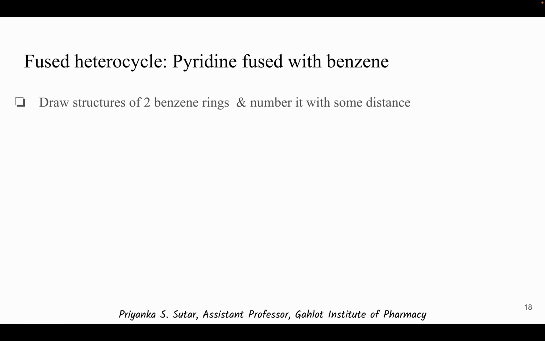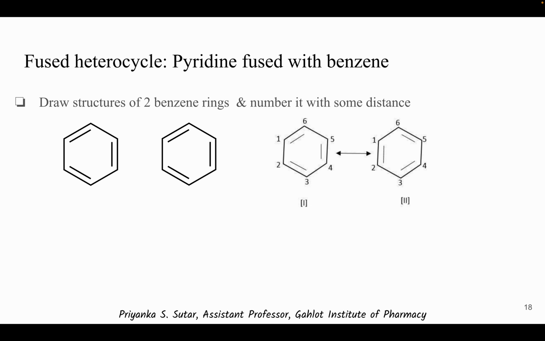So draw two benzene rings apart from each other, leaving some distance between the two rings, and number both the rings, 1 2 3 4 5 6 and 1 2 3 4 5 6. You can pause the video and write the structures and number them. So after numbering, it looks like this. Structure 1 and structure 2.